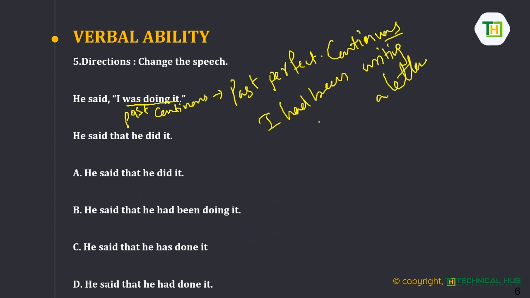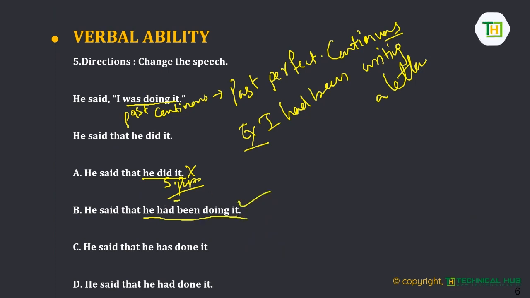That is the past continuous form, "was", converted into past perfect continuous. This is one of the examples of it. And now let us see the question. "I was doing it." So what happens here? "He said that he did it." This is simple past, so this is the wrong one. Simple past is not applicable here. So option B, "He said that he had been doing it." Yeah, this is the right one.